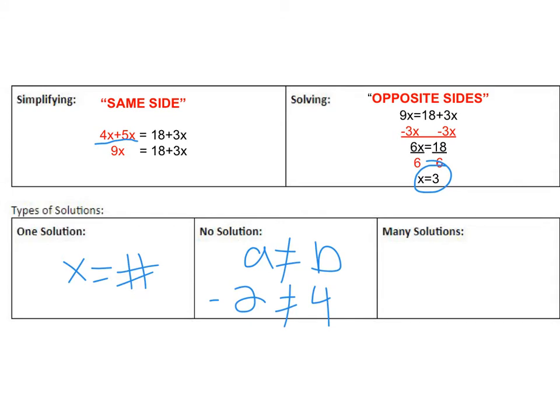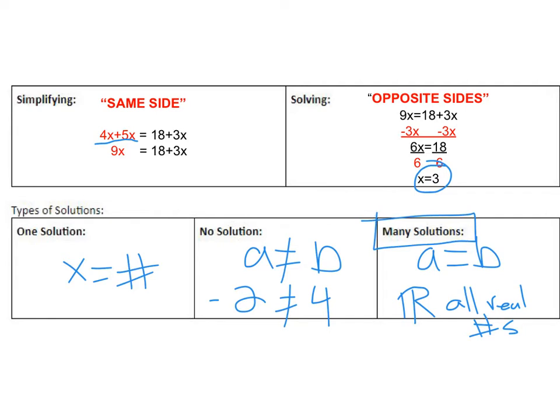And when we have many solutions, that's going to be when our x's cancel and a equals b is true. This is where we're going to look at that symbol, all real numbers. What this is really telling us is that there are many solutions that make our equation true. So let's take a look at a few examples.